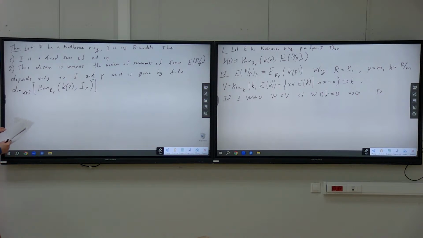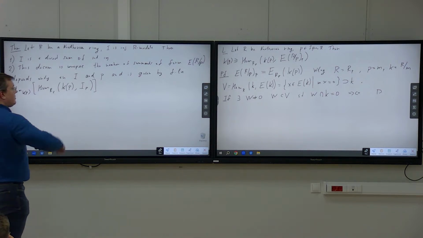I just proved the lemma, and before that was this theorem, and before that another theorem where we proved that if you have an injective, then you have an associated prime, so you have this thing as a direct summand. And since this is indecomposable, there is no complement. So an indecomposable has to be of the form E of R modulo P.